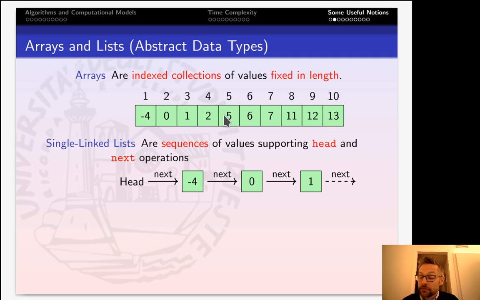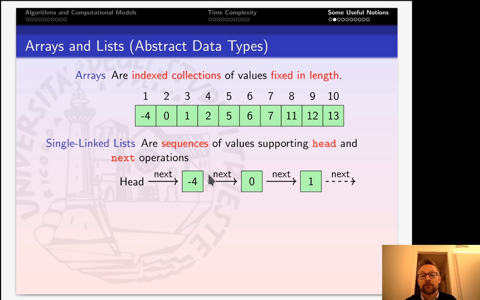The second useful data type I want to recap is the single linked list. So a linked list is basically a sequence of values supporting the add and next operation. So given a single linked list, I can see the element in the first position.